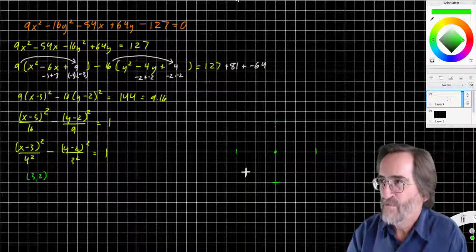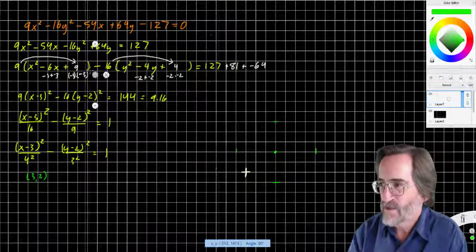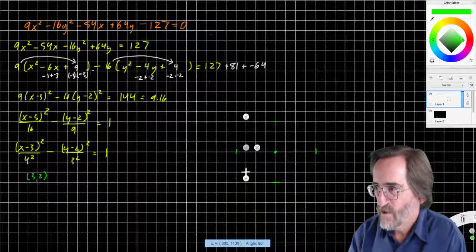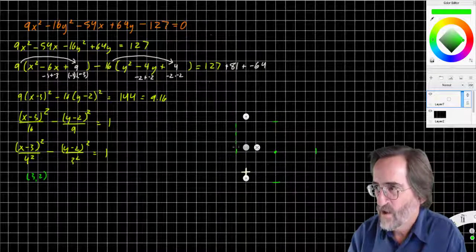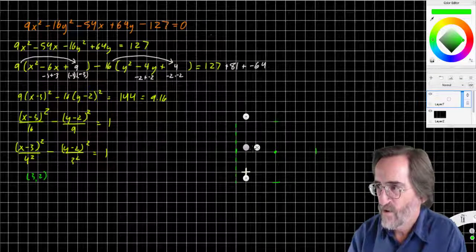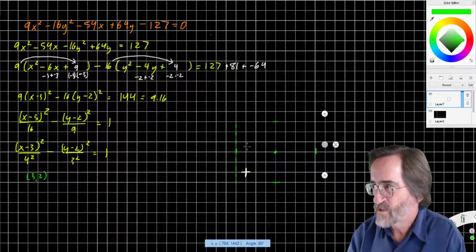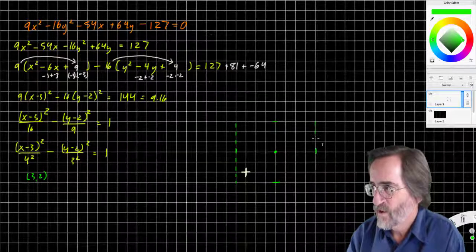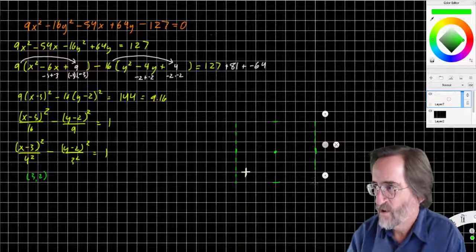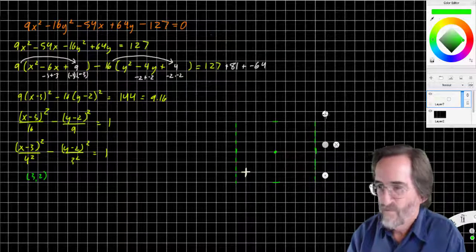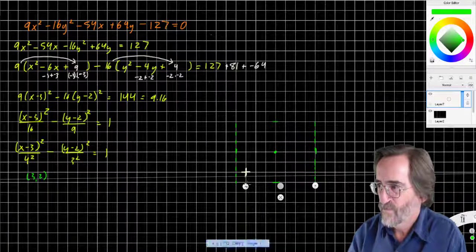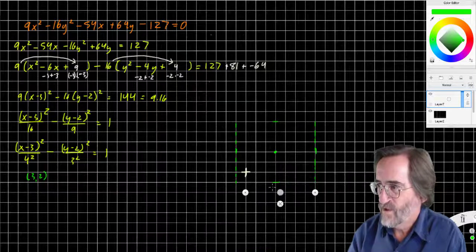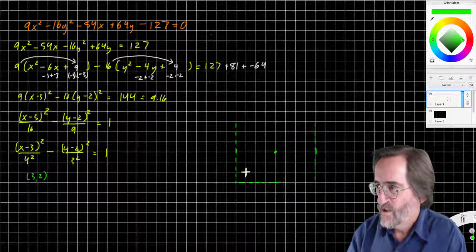So you can imagine, if you will, a box. Here's a box. Okay, and here's our box. And we can draw the diagonals of our box.